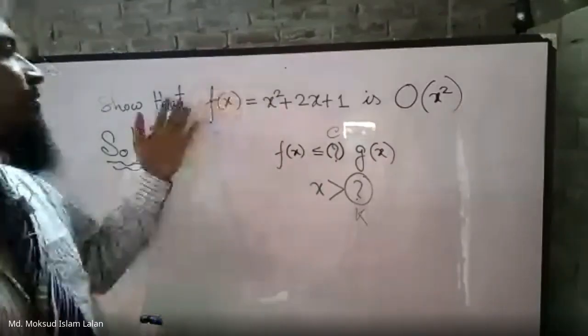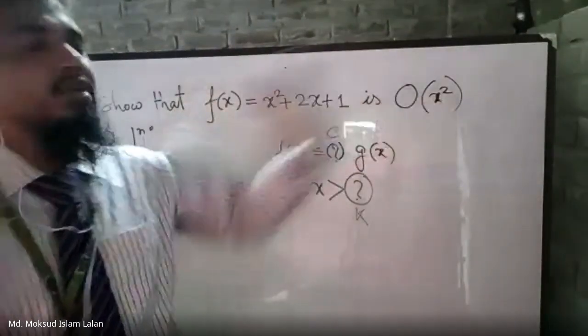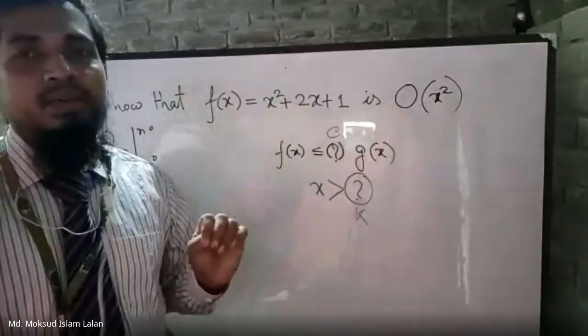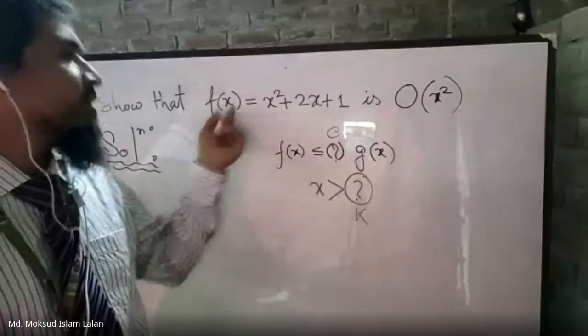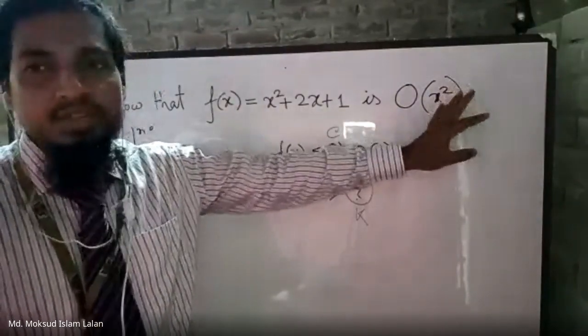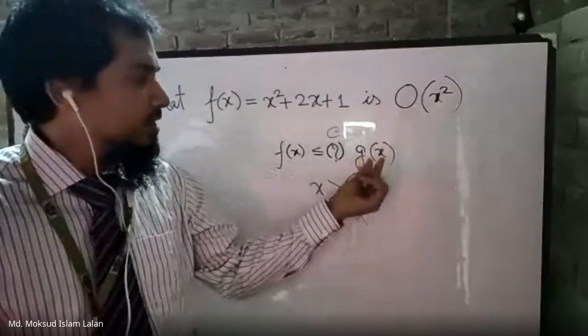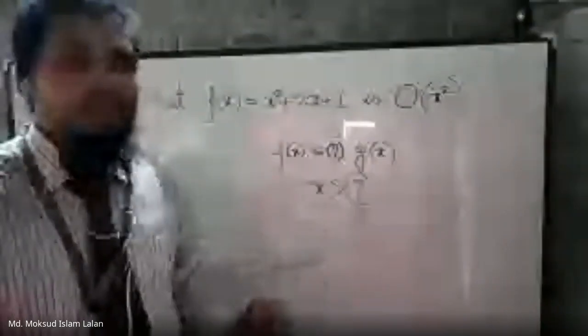Actually, this is the equation given. Show that f of x is a big O of x square. So directly f of x is given, and whatever is given here, you may consider as g of x. So this is g of x. So f of x is given, g of x is given, we know. Only we don't know what is c and what is k, right?